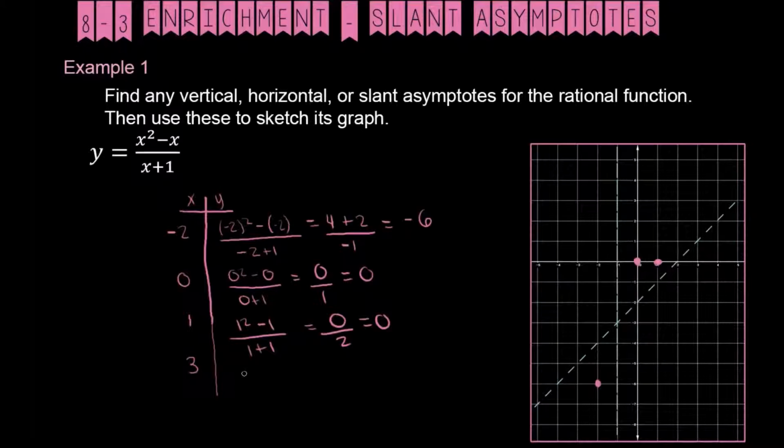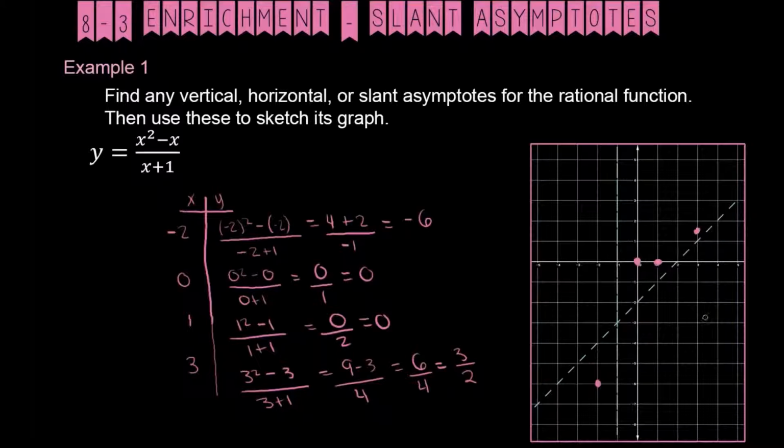Then at 3, I get 3 squared minus 3 over 3 plus 1. So 9 minus 3 over 4, which is 6 over 4, which is 3/2. So at 3, I'm up at 1.5.